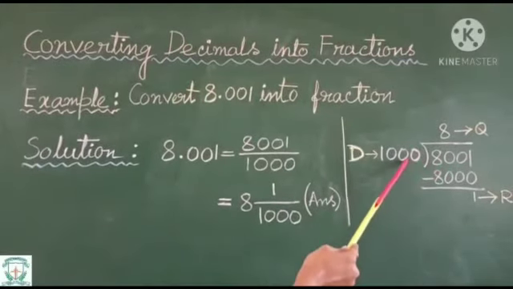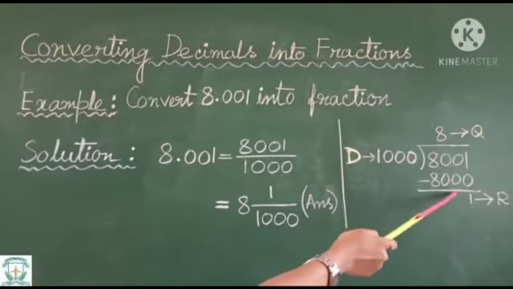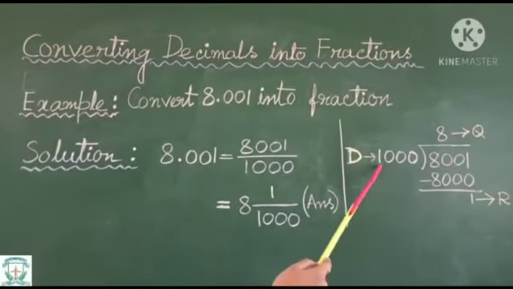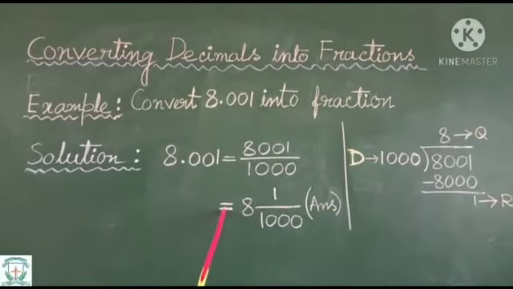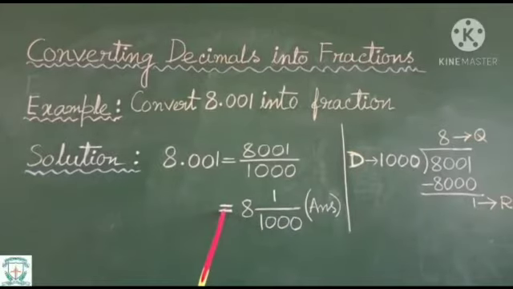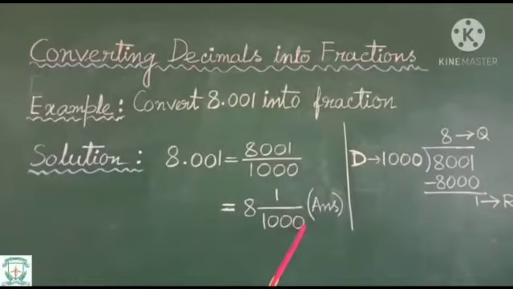Divide 8001 by 1000. We get 8 as the quotient, 1 as the remainder, and 1000 as the divisor. Therefore, 8.001 is equal to 8 and 1 by 1000, which is the required answer.